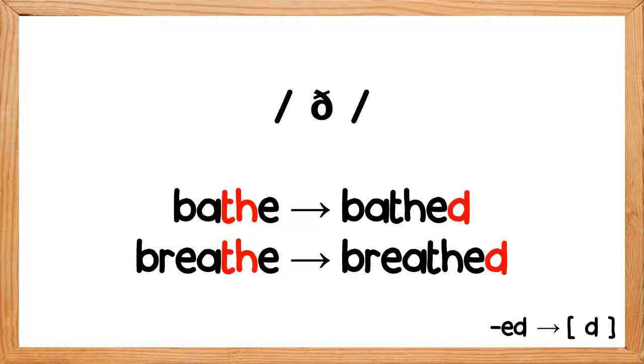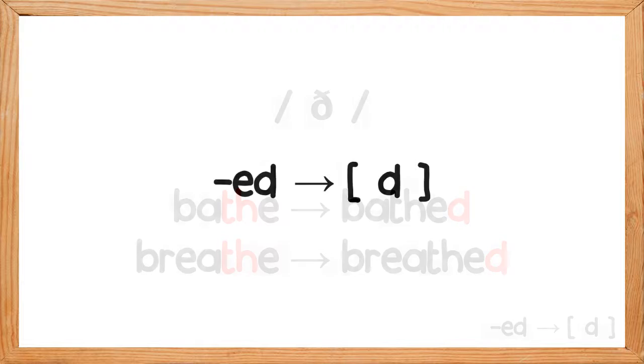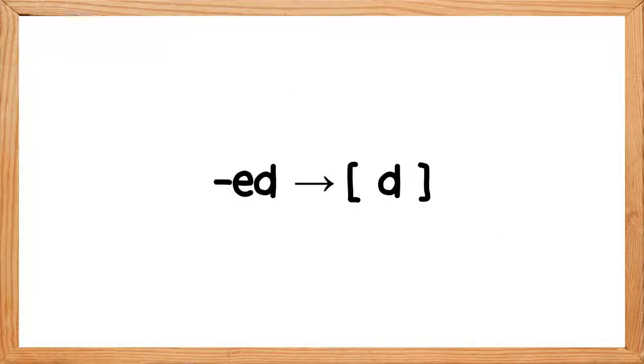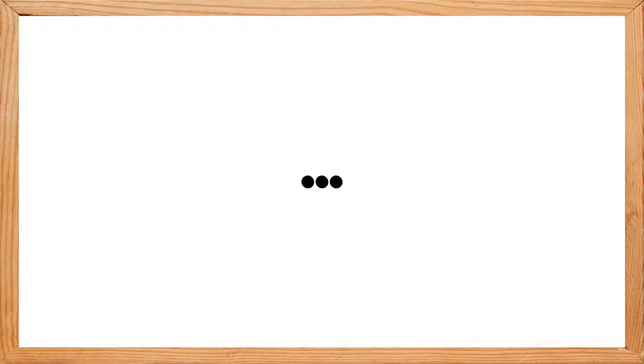You say bathed, bathed. Breathe, breathed. And that's it for the voiced sounds. Remember, when the final sound in the word is voiced, the ed in the past will sound like a d.